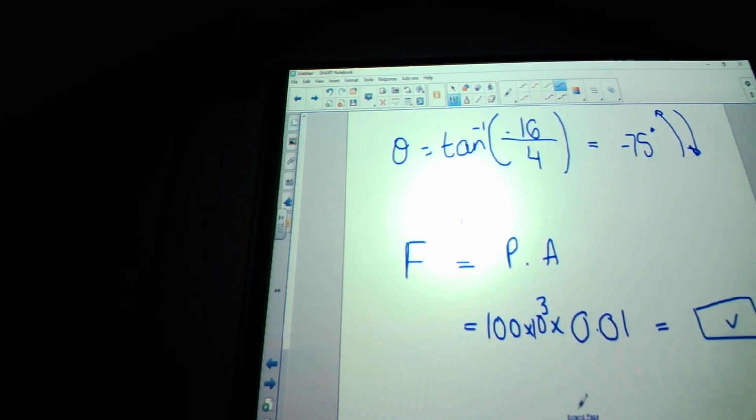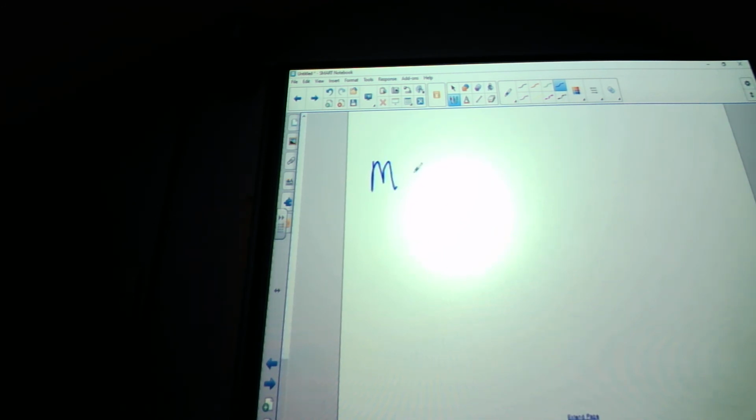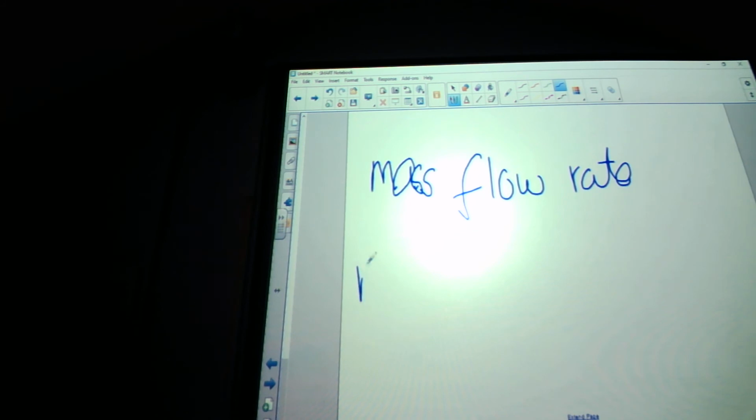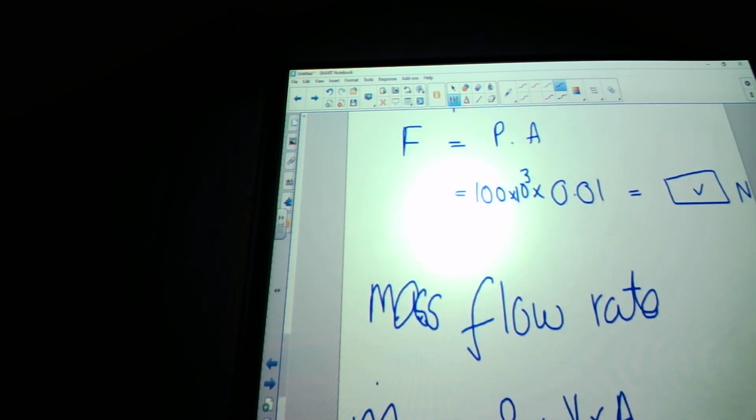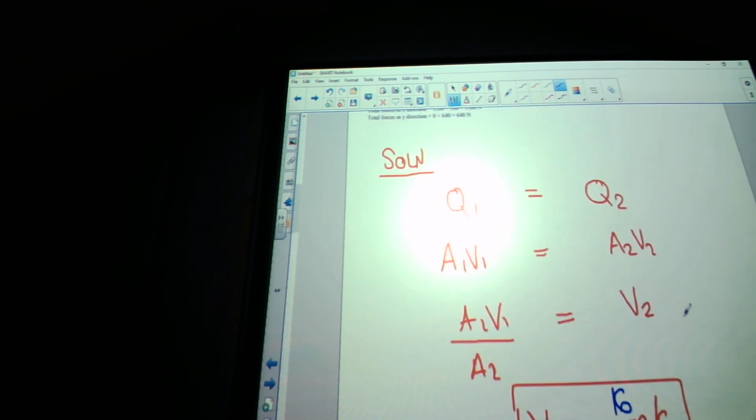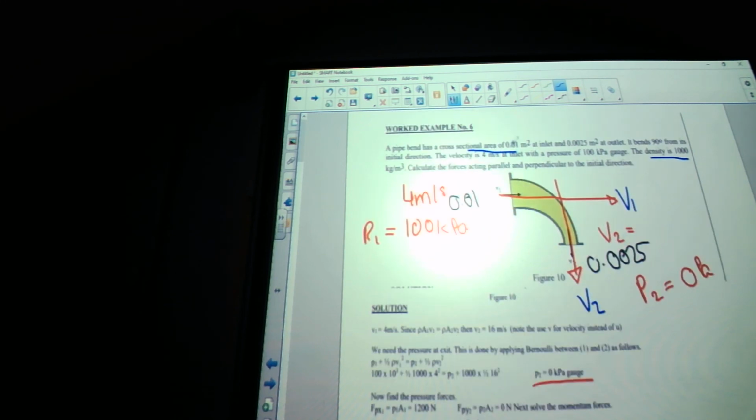Now if you want to find the mass flow rate: density, velocity, area. Okay, and the value of the area is 0.01.